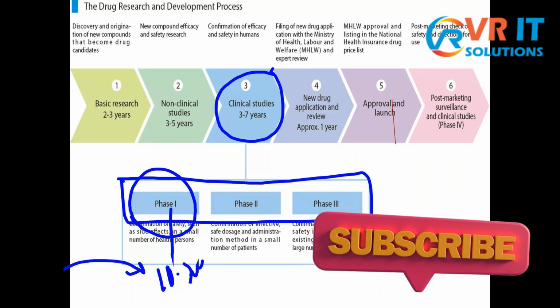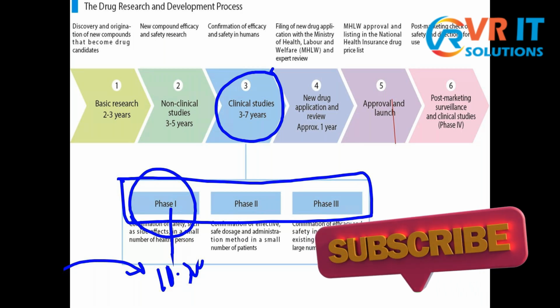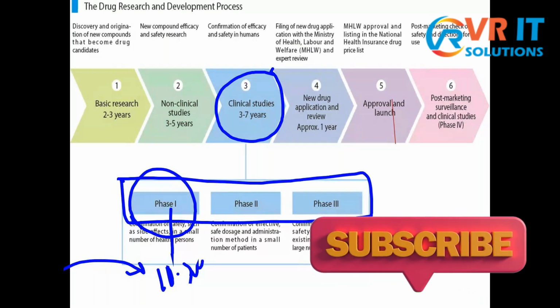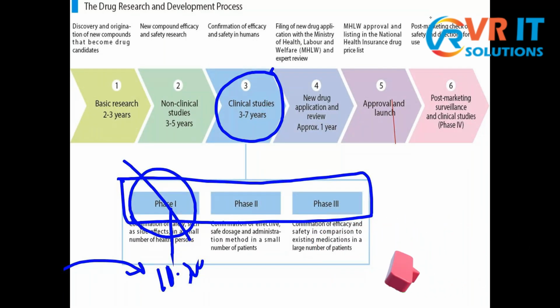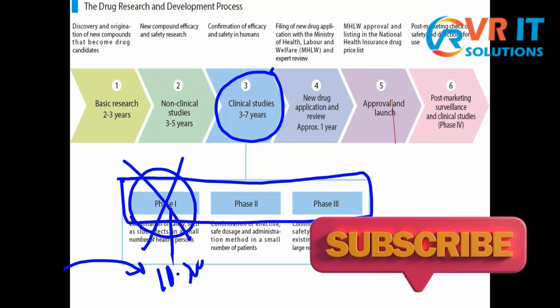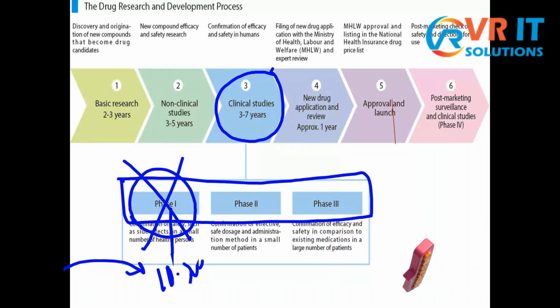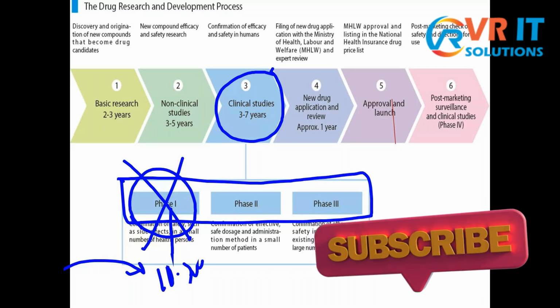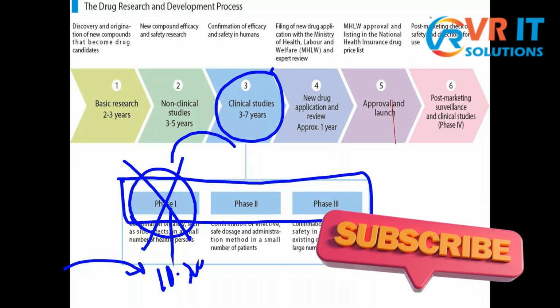If it causes too many serious adverse events, the trial stops here. If the drug is safe, it goes for phase 2.